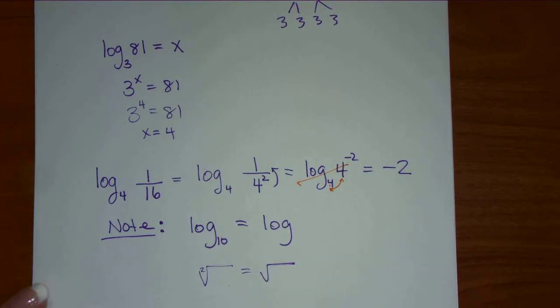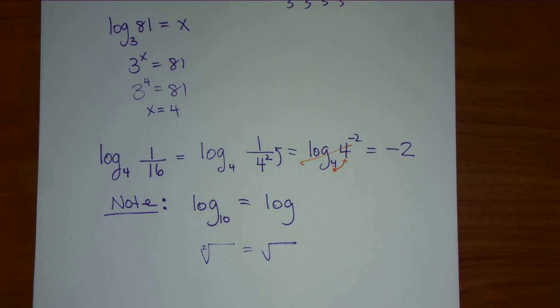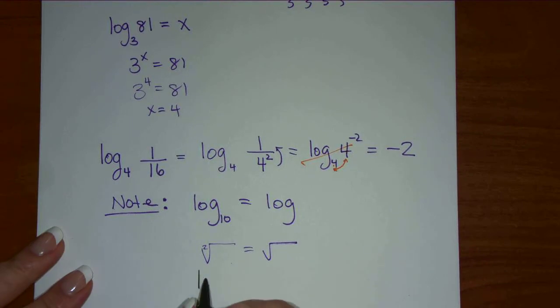It's just not the standard way we do it. But every other root has to have the number there. With logs, 10 is the one that they don't show the base. So if you just see log by itself, the base is 10. You could write a 10 in there if you wanted to. And then the other one is log base e. Remember, e was about 2.71.